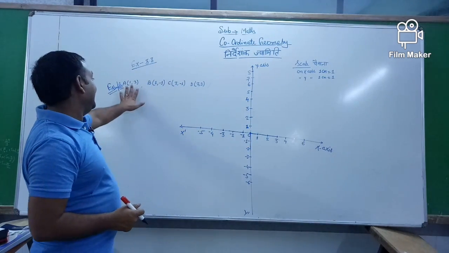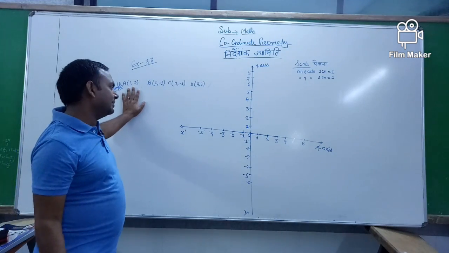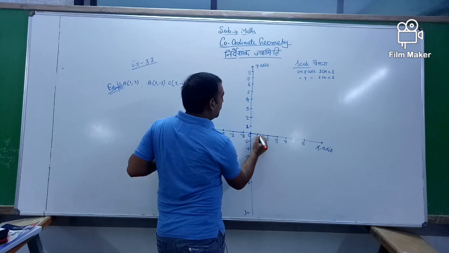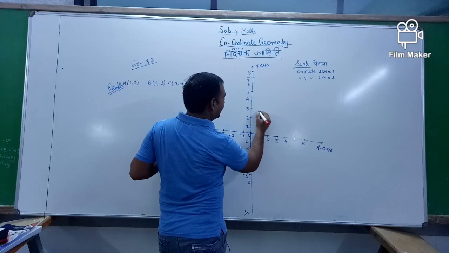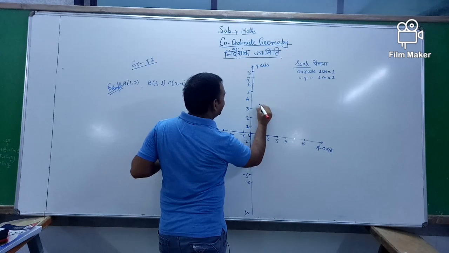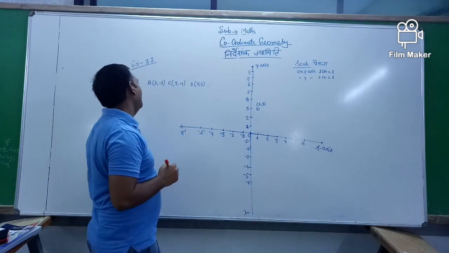Then you see A, the coordinates of A are (1, 3). It means the value of x is equal to 1 and the value of y is equal to 3. Here x is equal to 1, y is equal to 3. This is a point.